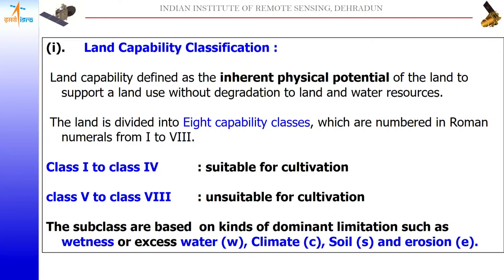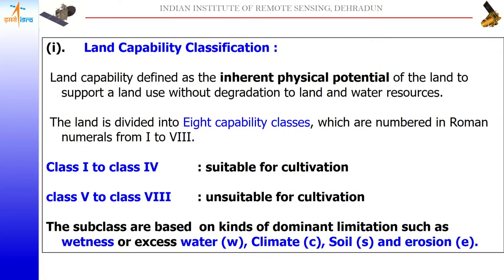In land capability classification, we interpret the soil map units into 8 capability classes, 1 to 8. If your polygon belongs to capability class 1 to capability class 4, then we can say it is suitable for cultivation. Capability class 1 is highly suitable for agriculture, and if capability class 4 comes, it means marginally suitable for agriculture.